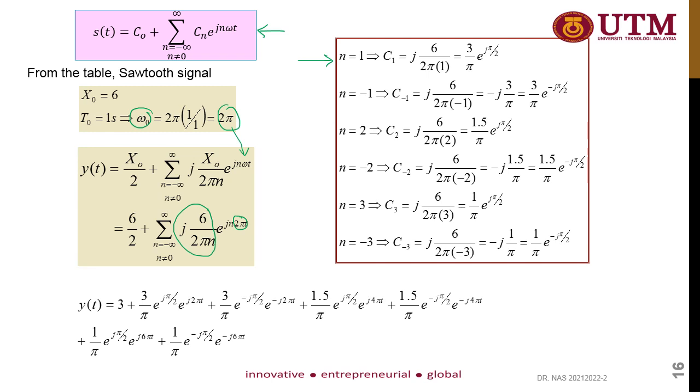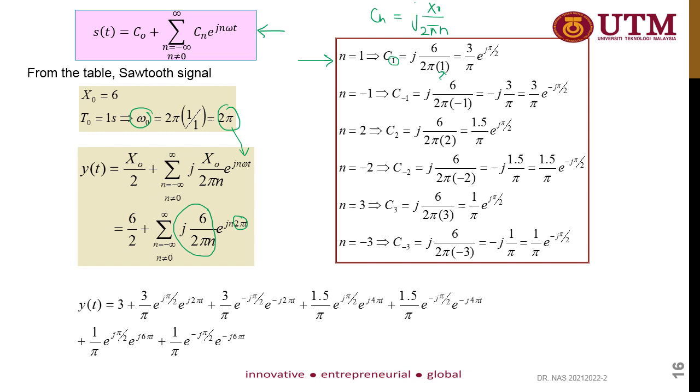Okay, so for n equal to 1, replace in the Cn equation. So Cn equation is Cn equal to j x naught divided by 2 pi n. So when n equal to 1, replace n equal to 1.